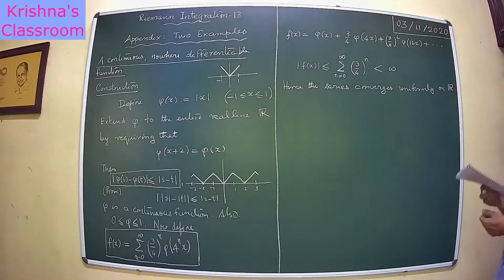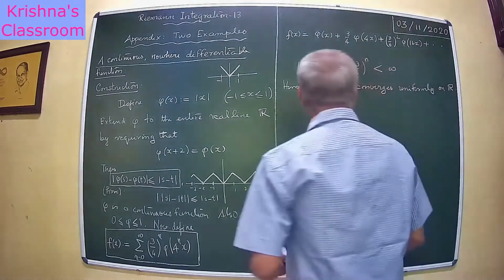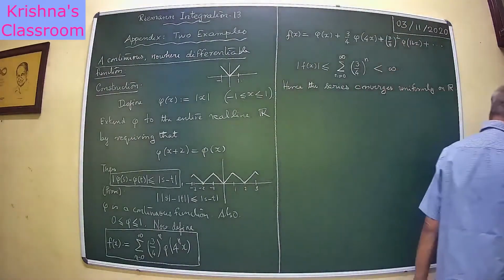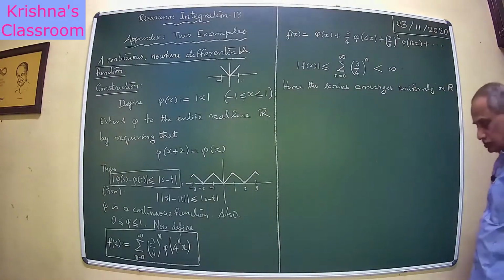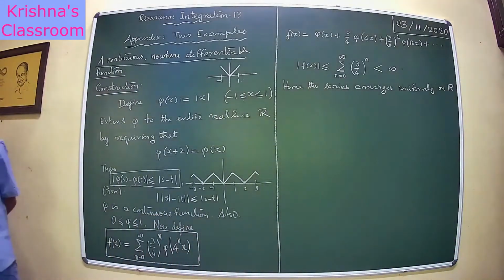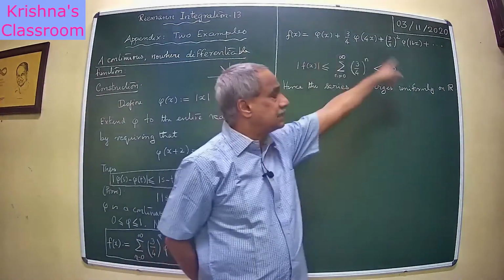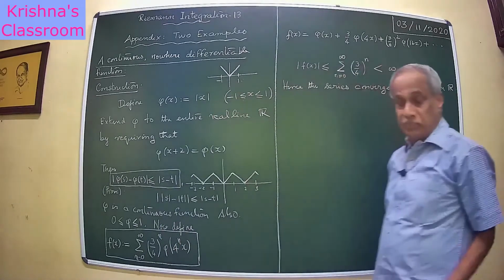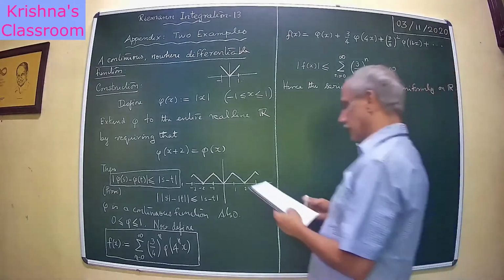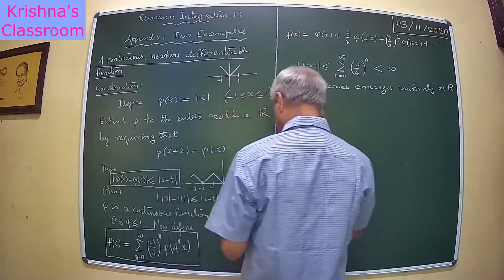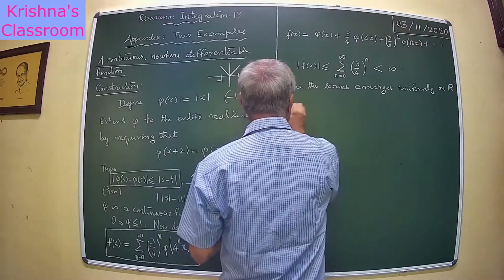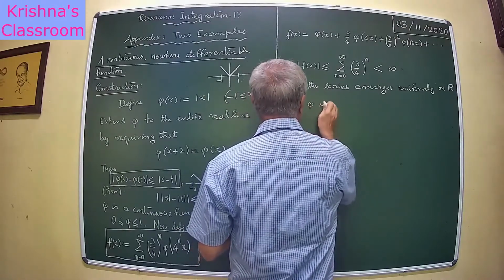Now you know that this is the uniform convergence of a sequence of continuous functions, and the sequence of functions are obtained as the partial sums of this series. They are all continuous, and uniform convergence assures you that f is continuous.